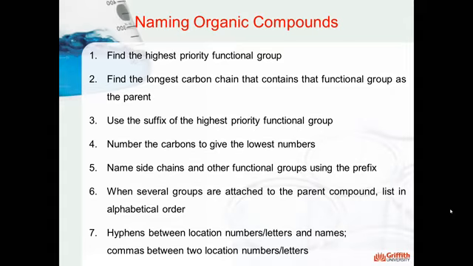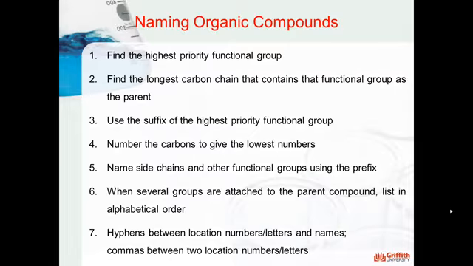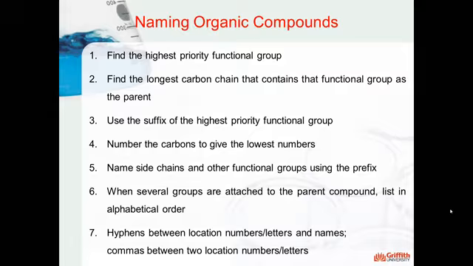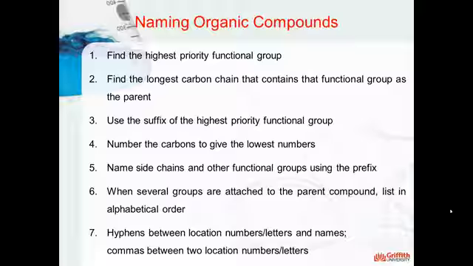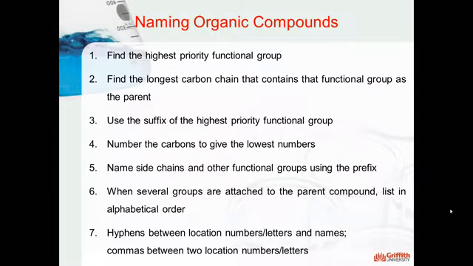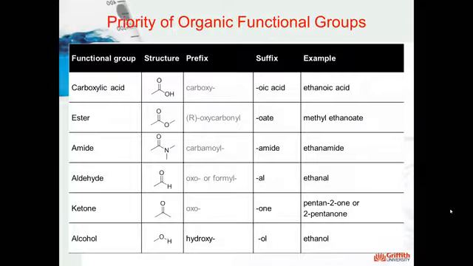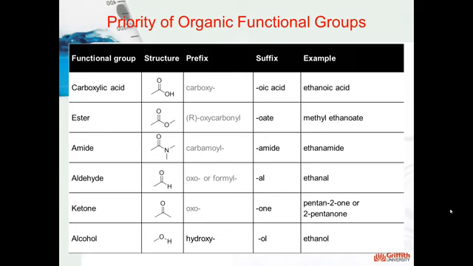And then in terms of grammar, we put a hyphen in between numbers and letters, or numbers or letters and names. If there are two location numbers or letters, then those are separated by commas, and we'll give some examples of those.